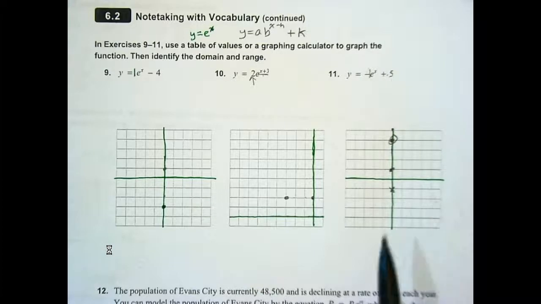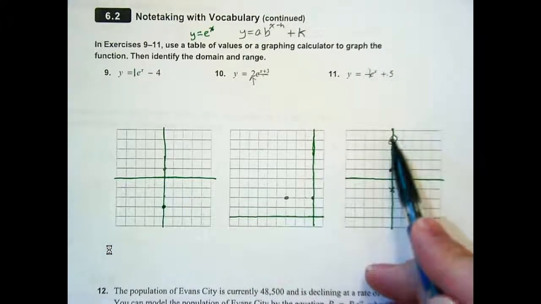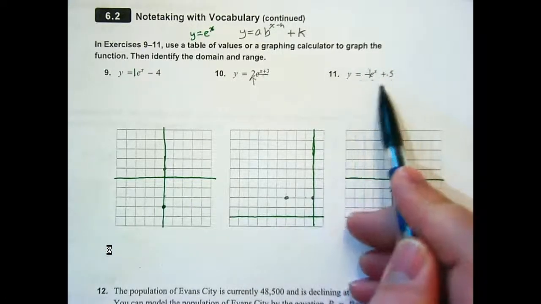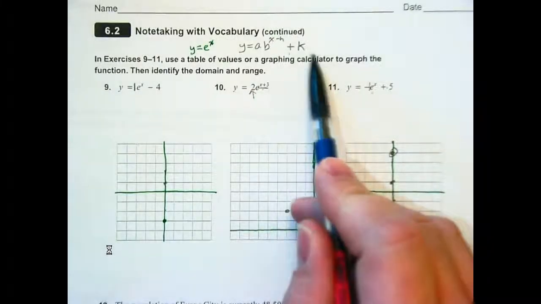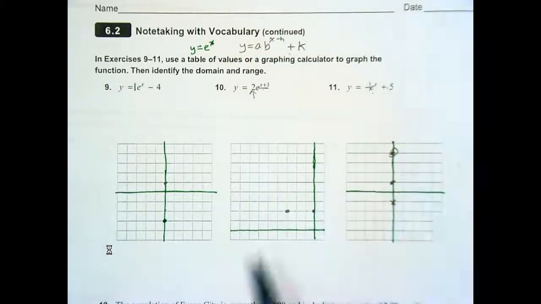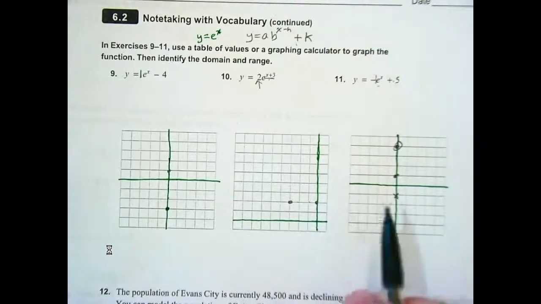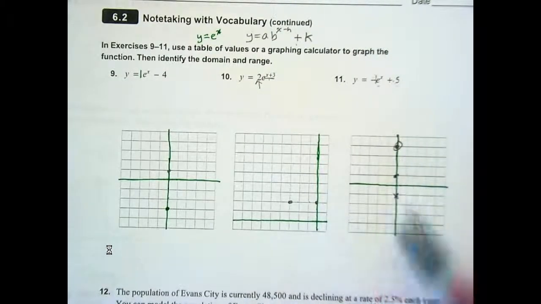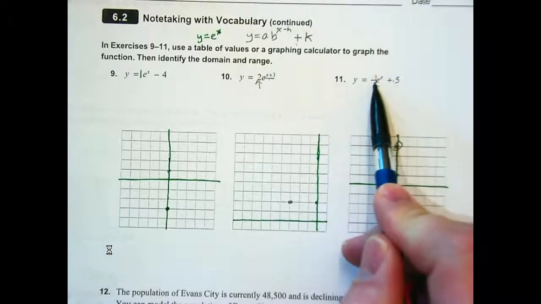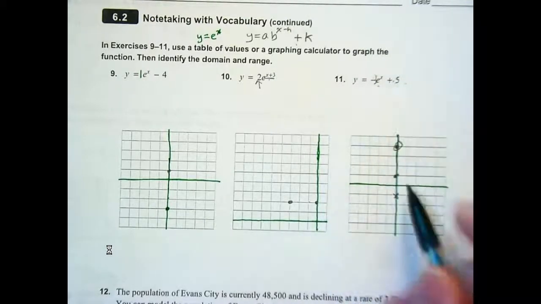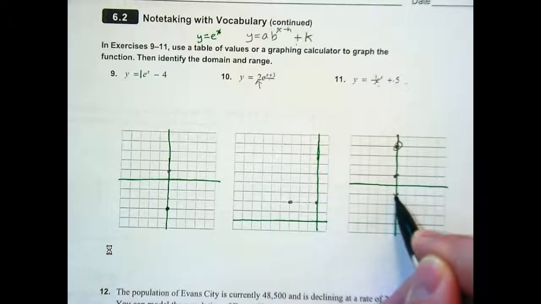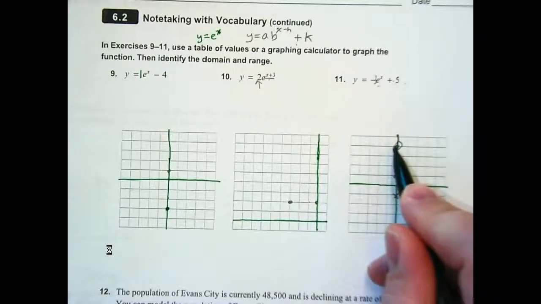You know the h, k. You know your reflections. We studied that. You guys hated chapter 1 because of it. We spent a lot of time on it. So use that. We reflect, and then we move it up. This point that was here gets reflected over the x-axis, and then it moves up 5 units.